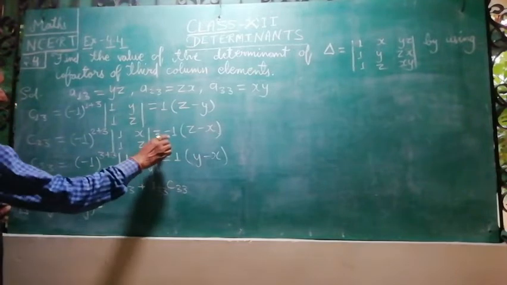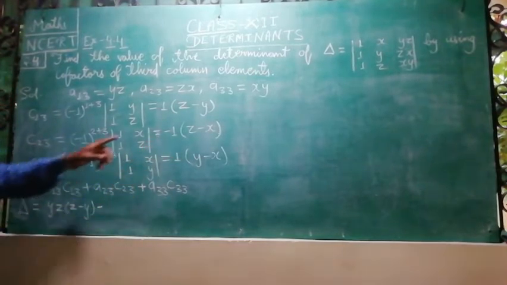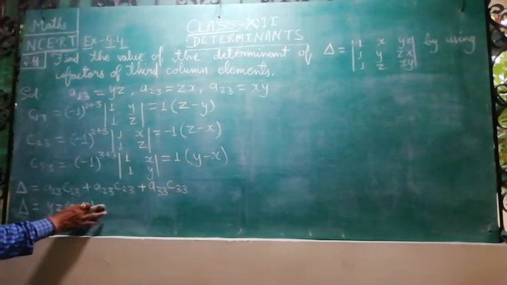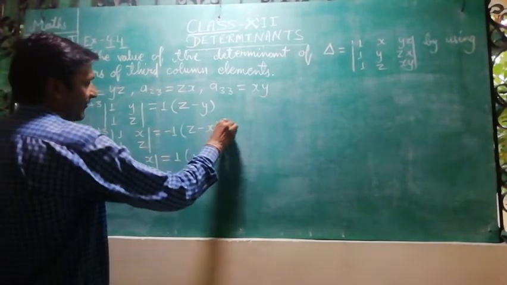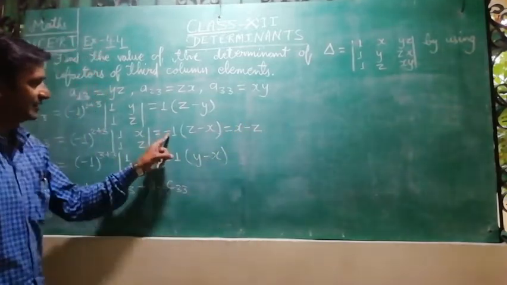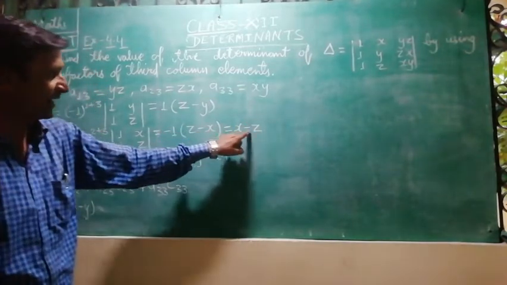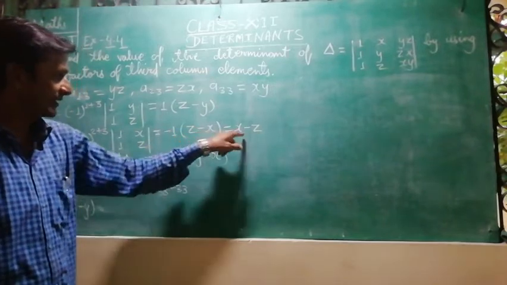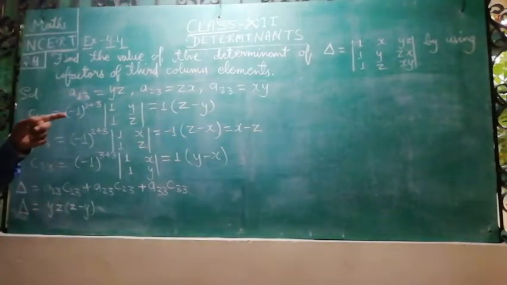It is minus this one because there it is minus, or you may change the sign inside. It will become x minus z. See, minus into plus means minus z, and minus into minus is plus x. So you may write plus x minus z.